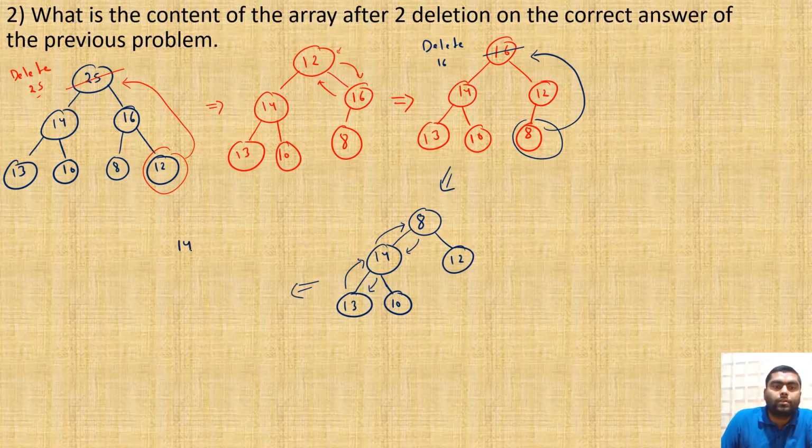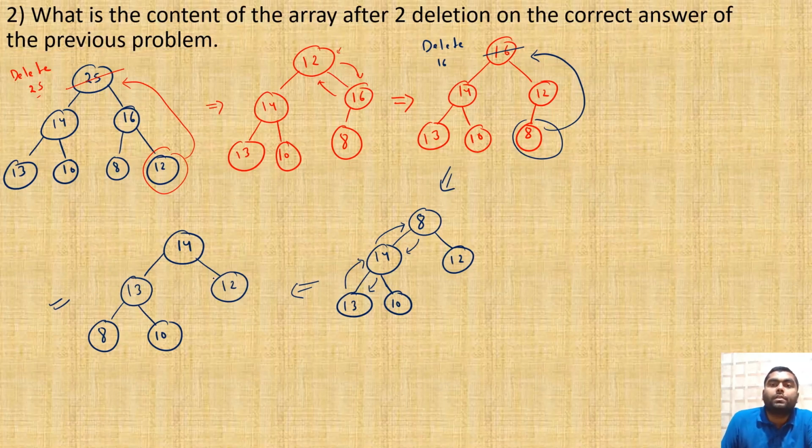The resultant will be 14 and 13, this is the same 12, and 8 and 10. Now this is the correct answer. So after deletion this is the answer: 14, 13, 12, then 8 and then 10. This is the required answer.